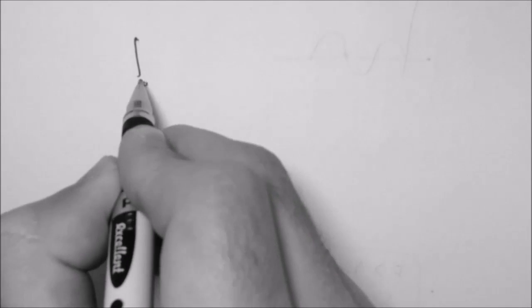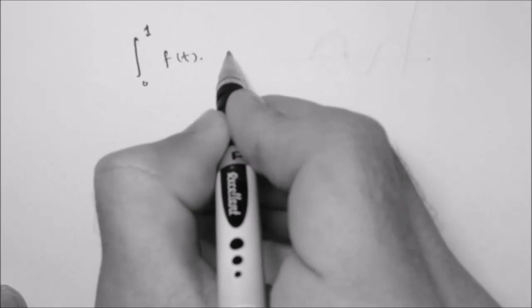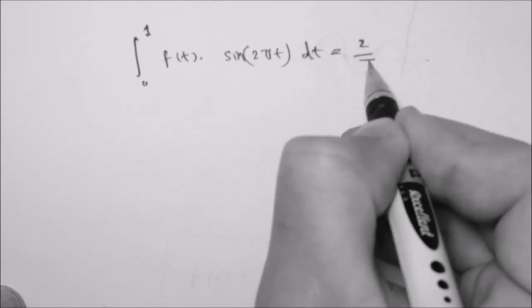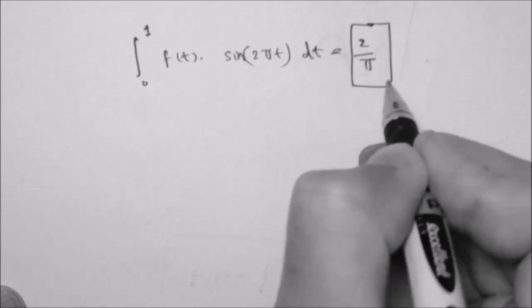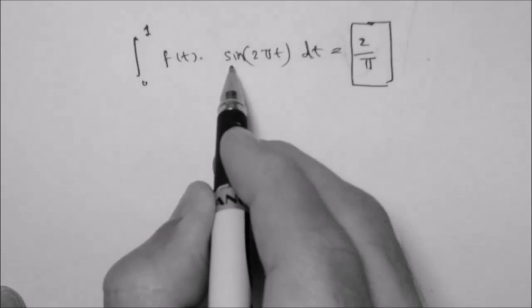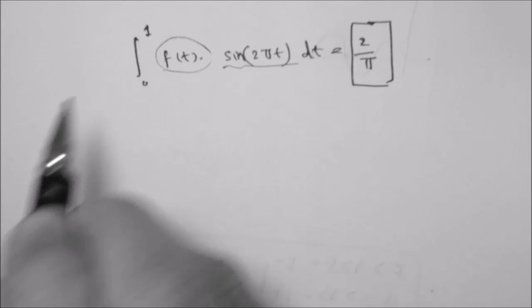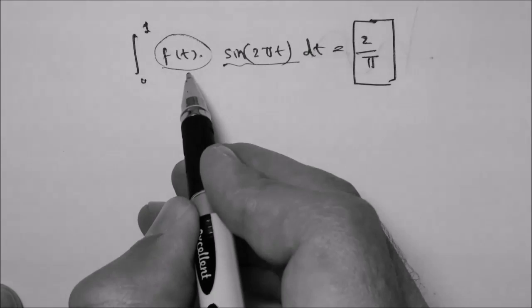So we obtained that the integral of f of t times sine 2 pi t equals 2 over pi. Actually, the result of this integration is directly proportional to the magnitude of the 1 Hertz component that is contained inside f of t. We can prove that as follows.